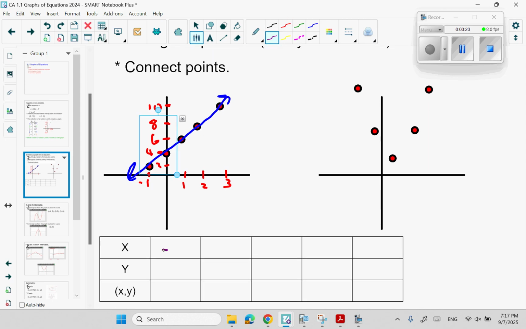Of course we have -1, 2, which would be this guy. So the coordinate we would say is -1, 2. Here we would go with 0, 4. Here 1, 6.